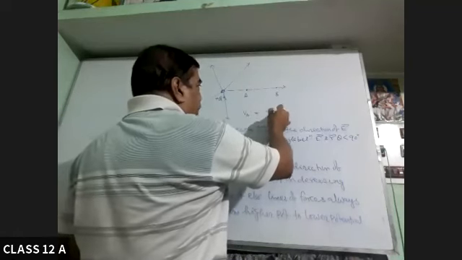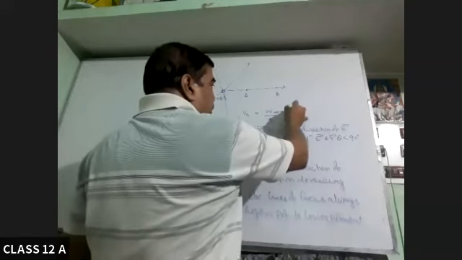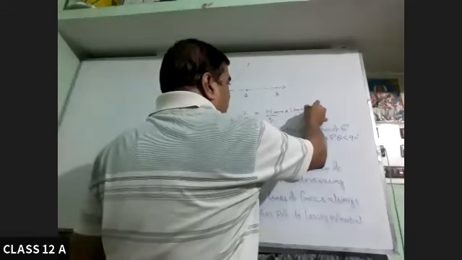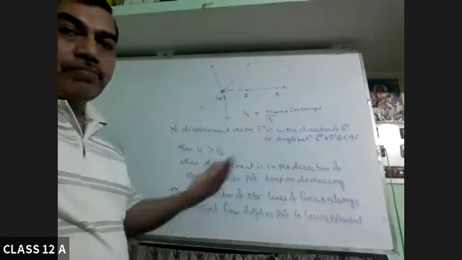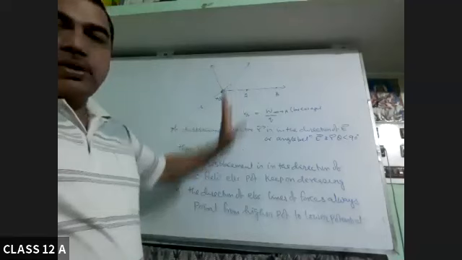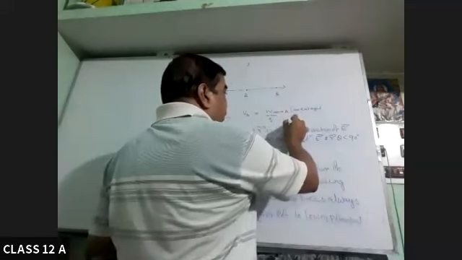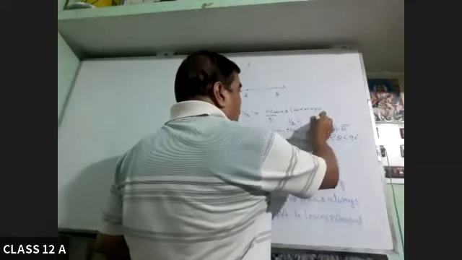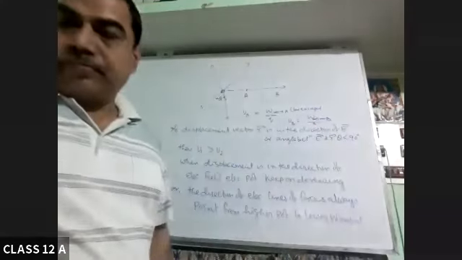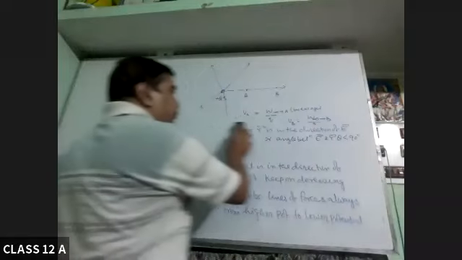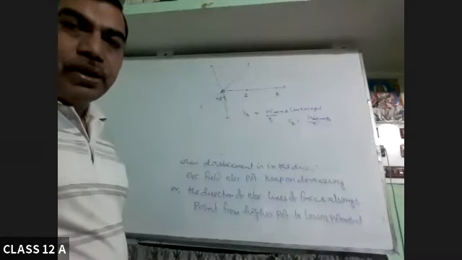Work done by external agent from infinity to A per unit charge. And we have to bring positive charge only. So VA is positive, VB is positive. VB is how much? Work done from infinity to B. Which one is more, VA or VB?